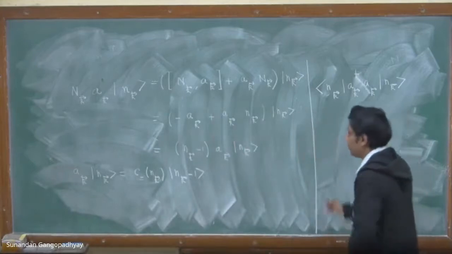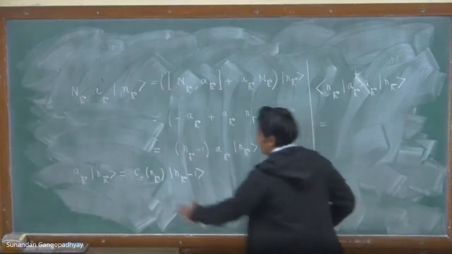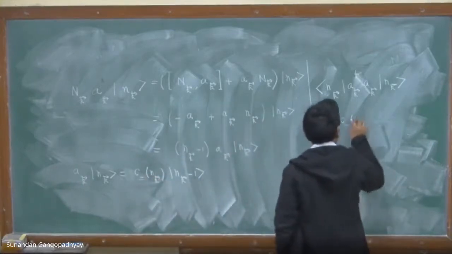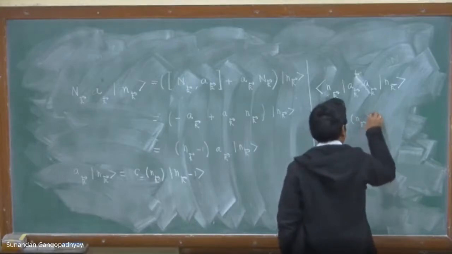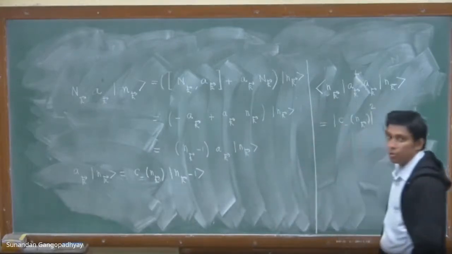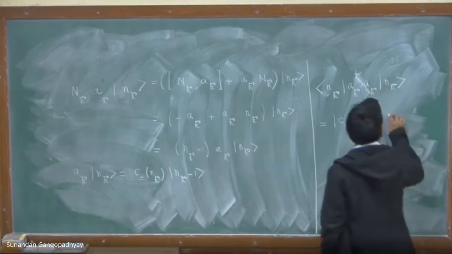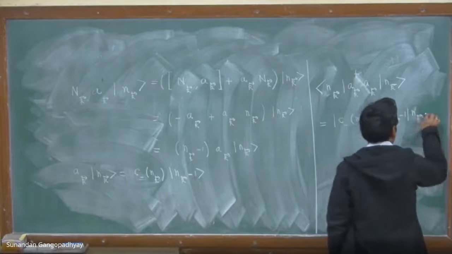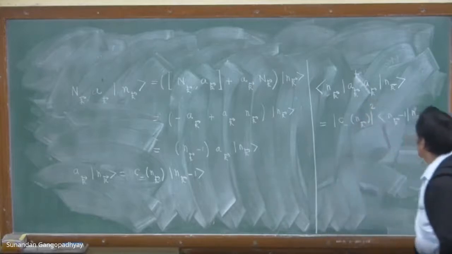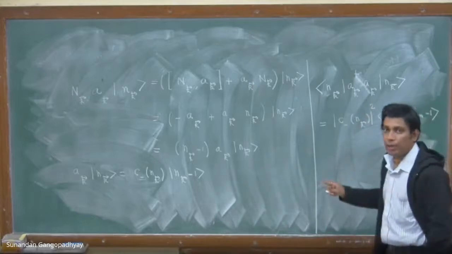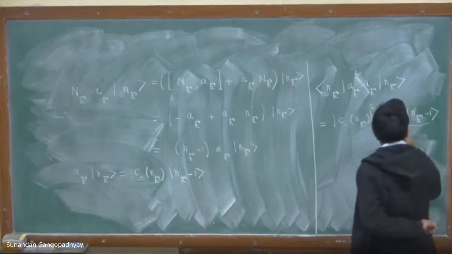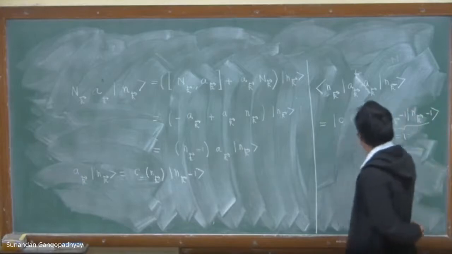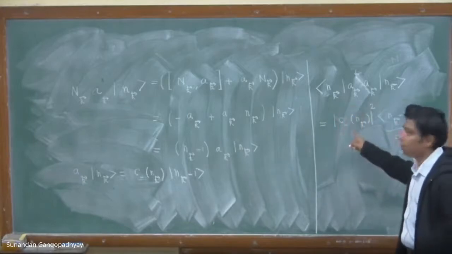If you do that, this will give us mod of C minus nk whole square, and then bra nk minus 1 with ket nk minus 1. If we demand that these states are normalized, this will be equal to 1. And therefore from this equation you can determine the value of this constant.